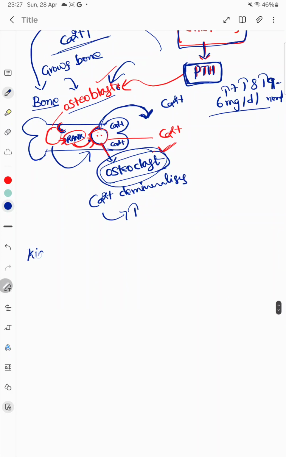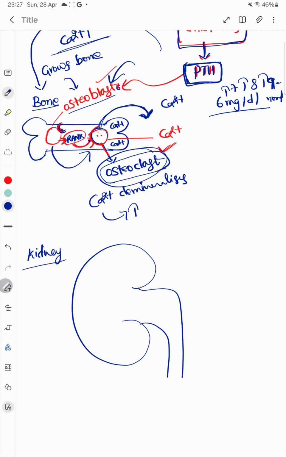Now the kidney role. So what does this kidney do? So this is a kidney, and in the kidney we all know there are units called nephrons. This is a typical nephron structure: loop of Henle, descending loop of Henle, ascending loop of Henle, distal convoluted, proximal convoluted, and all that.